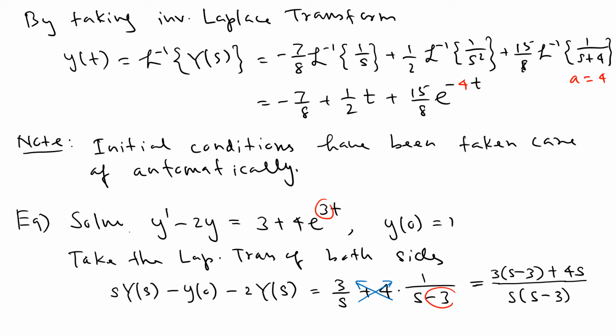That's what you get. So we're going to plug in the other values that you have. We know y(0) equals 1, so let's plug that in. If you combine, you're going to get s minus 2 times Y(s), and you can move that term to the other side, so you get 1 plus (7s minus 9) over s times (s minus 3).